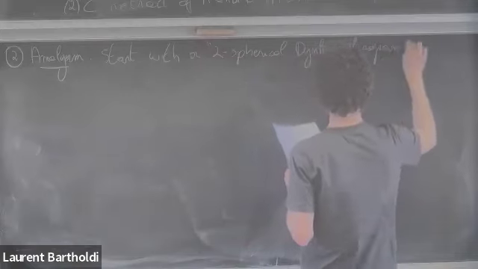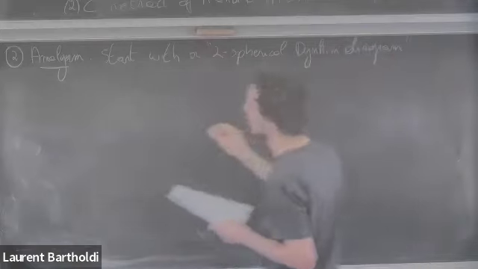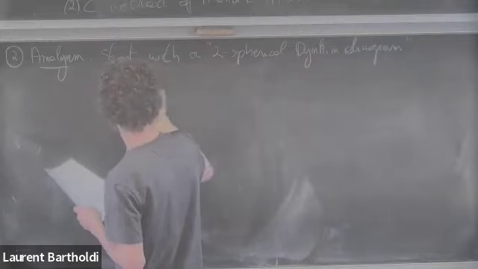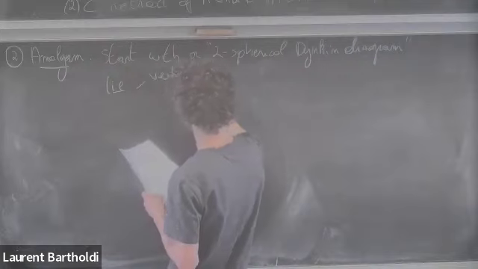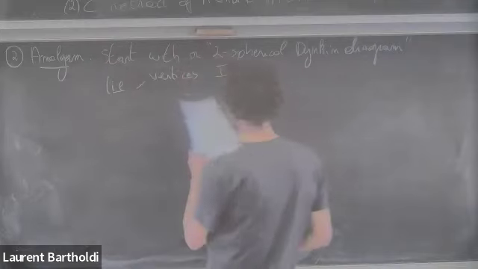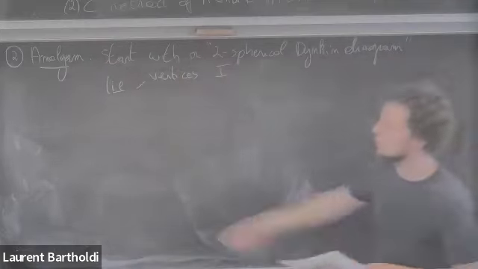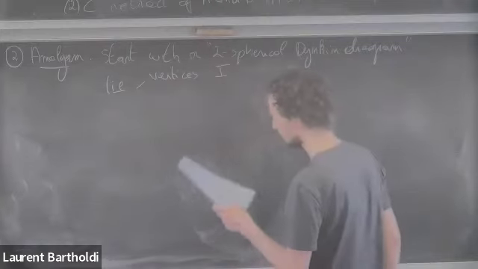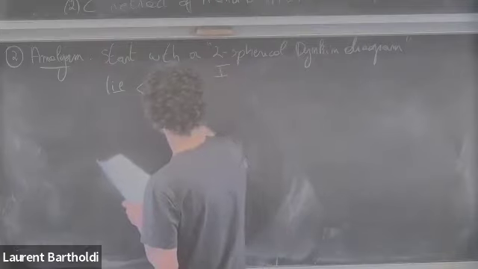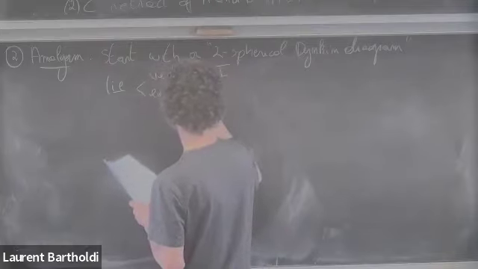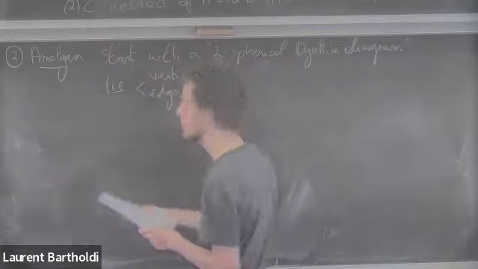Well, it's simply a graph with vertices the elements of I, or you can think of them as the U_i, and where you have edges of one of these four kinds.